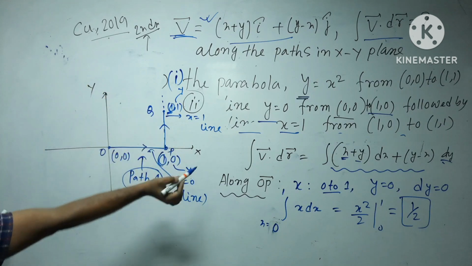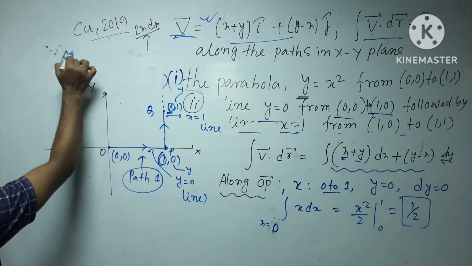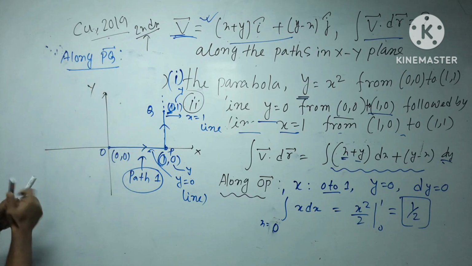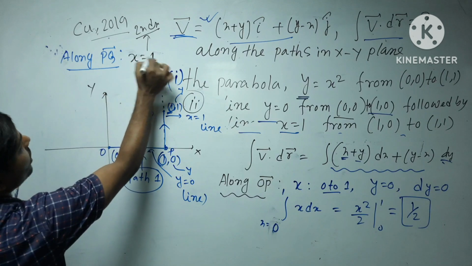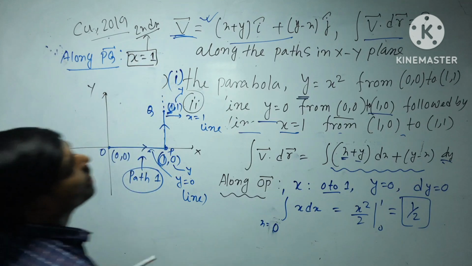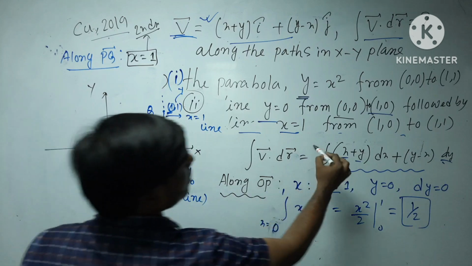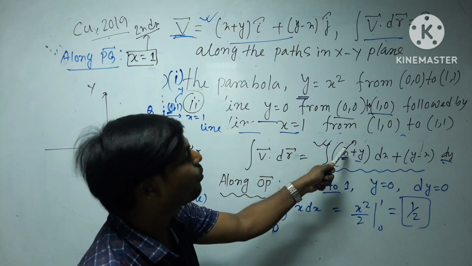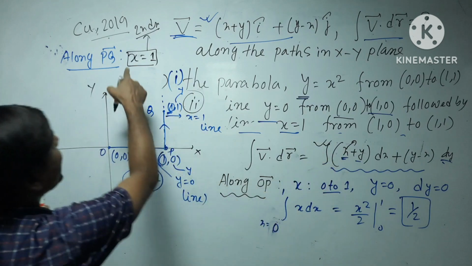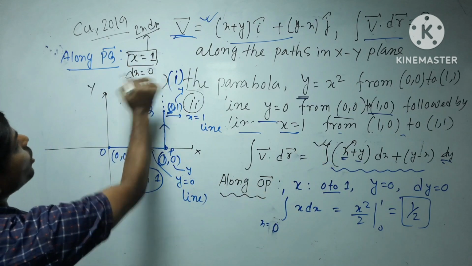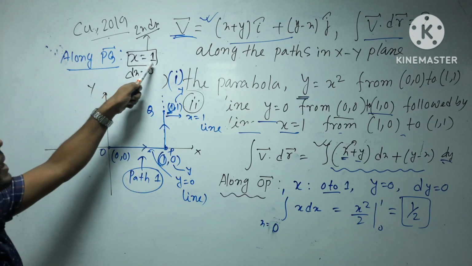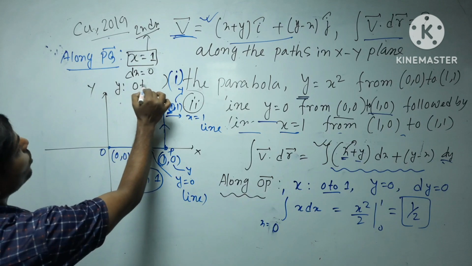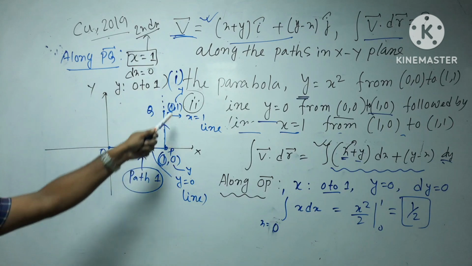So if I write along PQ path, what we have is x is equal to 1. তার মানে in this integration wherever we find x we will put x is equal to 1. If x is equal to 1, so dx is 0, differentiation of a constant is 0, and y is varying from 0 to 1.